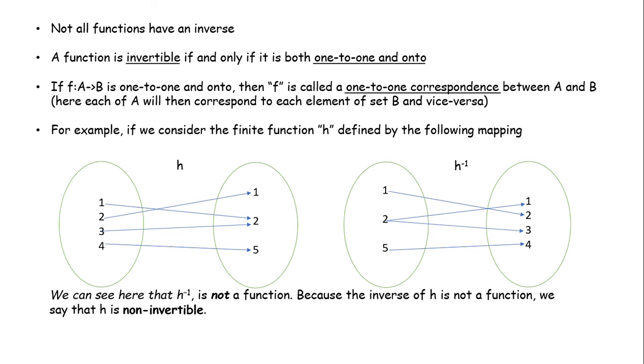So every time it is not possible to reverse the order of the mapping, and every time you cannot have an invertible function. So it is not necessary that all the functions will be invertible. So this was an example where the function h was not invertible.